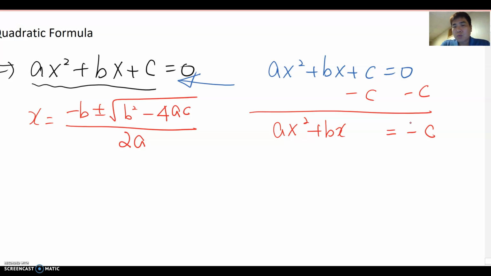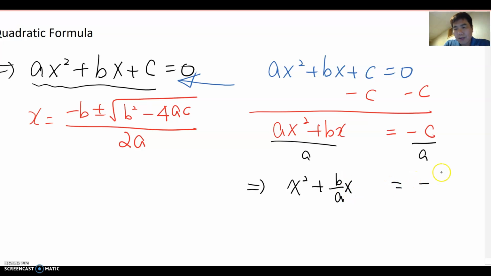And then what did we do last time? Yes, we make the leading coefficient equal to 1. Therefore, we divide everything by a. Then this becomes x squared plus b over a x equal to negative c over a.